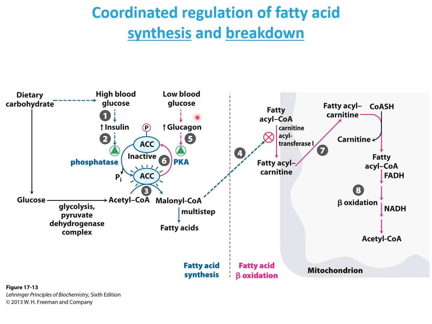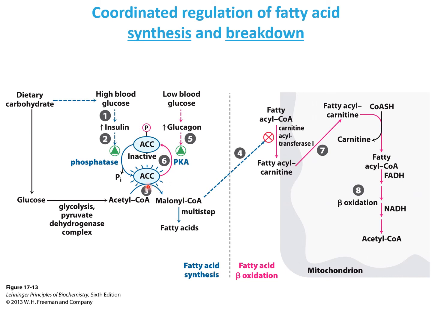Now, when low blood glucose is in the system, this will, in opposite, activate the secretion of glucagon, which, as we looked into earlier, will lead to the generation of cyclic AMP as a second messenger, activate protein kinase A, and this will then phosphorylate ACC into its inactive form.